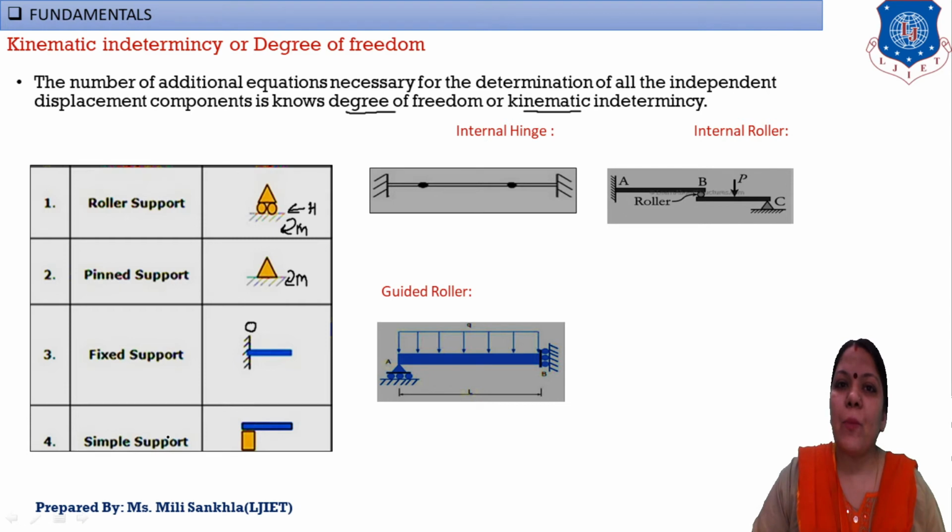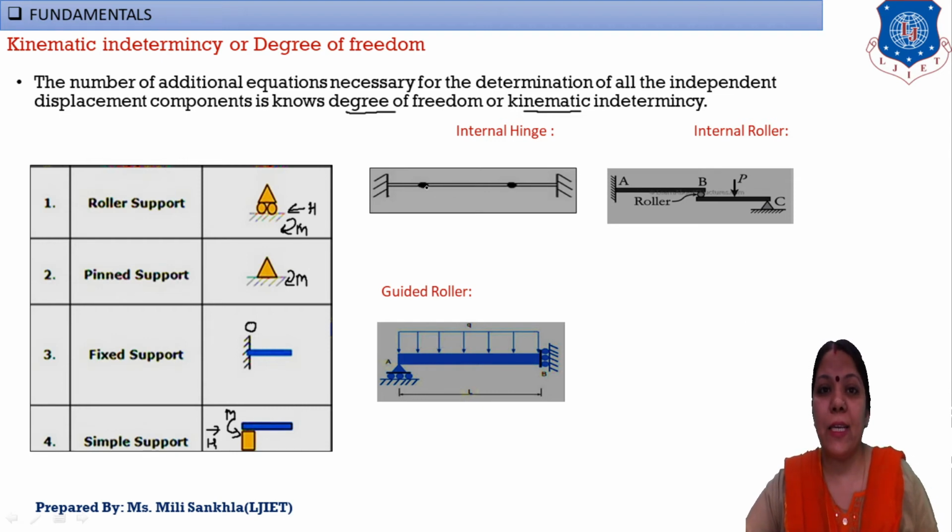Again, simple support is given. That means the simple support takes only vertical load and it allows moment and also horizontal displacement. Now here an internal hinge is given. For the internal hinge, in small r for a beam we have to add +1 condition. Now which degrees of freedom are allowed by this internal hinge?